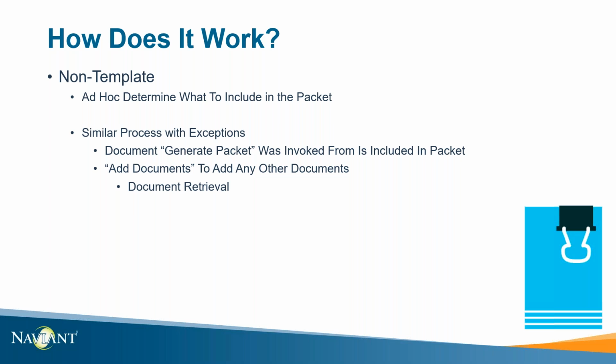Because again, you could do this across to any document type, assuming that you have appropriate permissions. You now just use native document retrieval. And then after we've selected all those documents, made all those modifications, when we generate that packet, the user is going to have to index that resultant document.